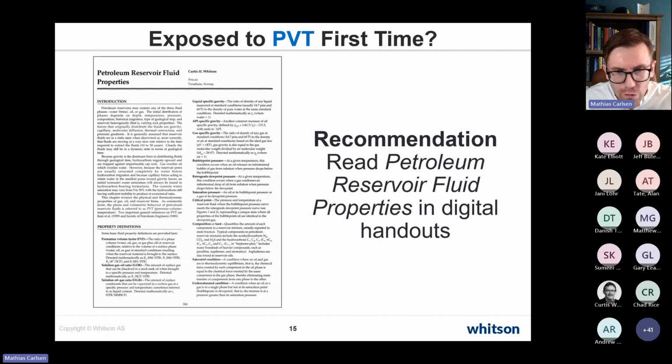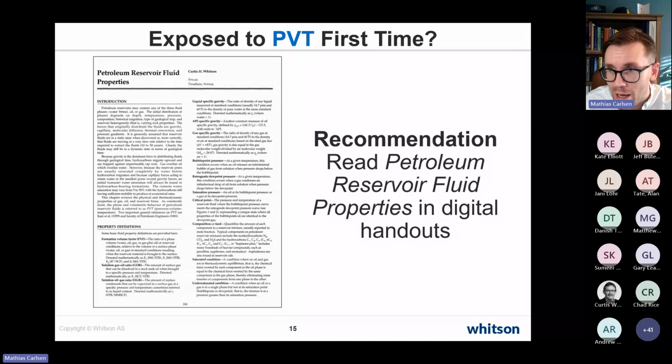It covers a wide range of very important definitions, and it's a very concise and small document that is a very nice intro if you haven't heard anything about PVT before. It covers all the most important terms and concepts, and discusses even water PVT, which we'll get to a little bit. So read that if you haven't done it before, and it's probably relevant even if you've done a lot of PVT in the past.